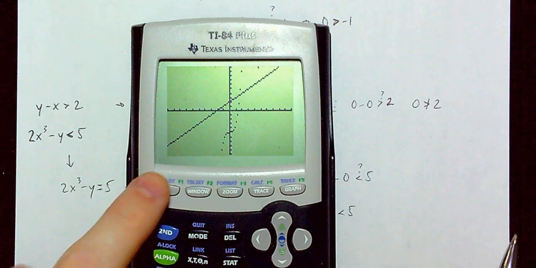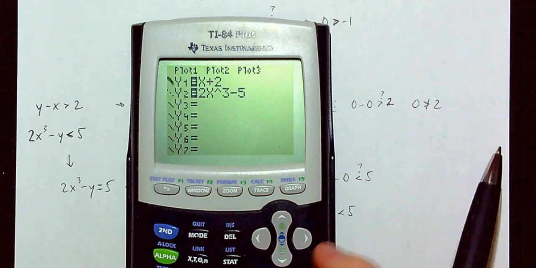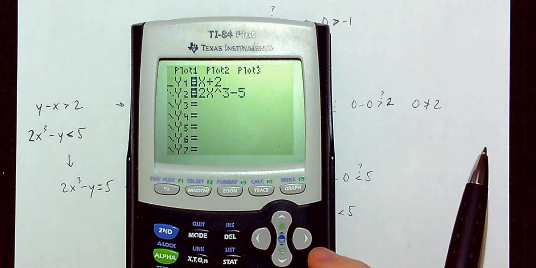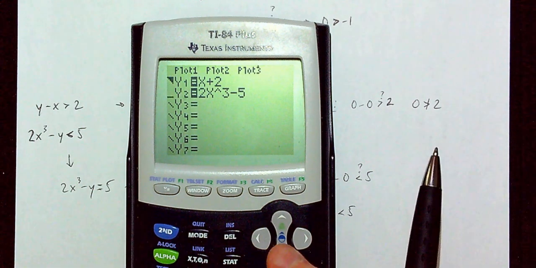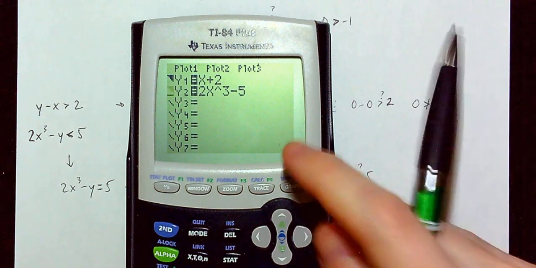So I'm going to make the changes again. We wanted everything above our line, and then everything above the cubic function as well.